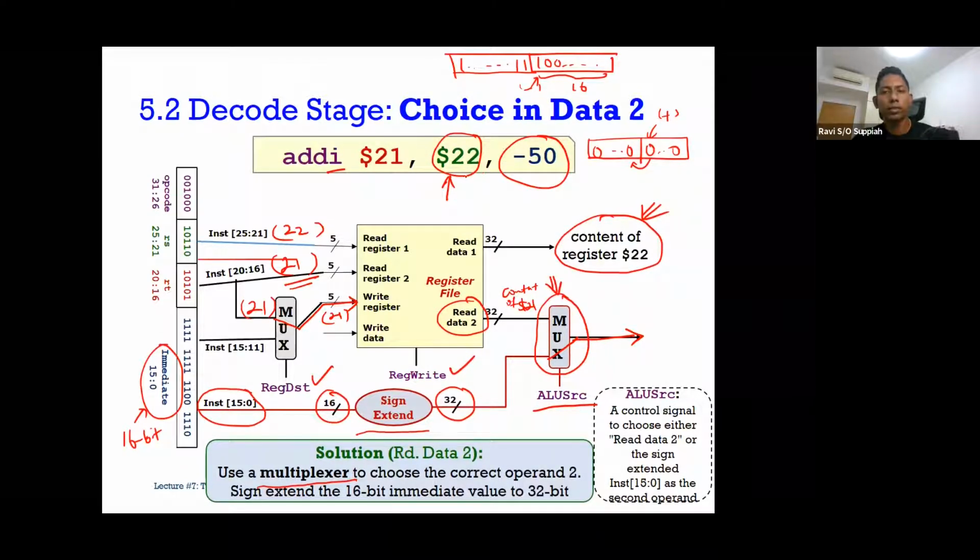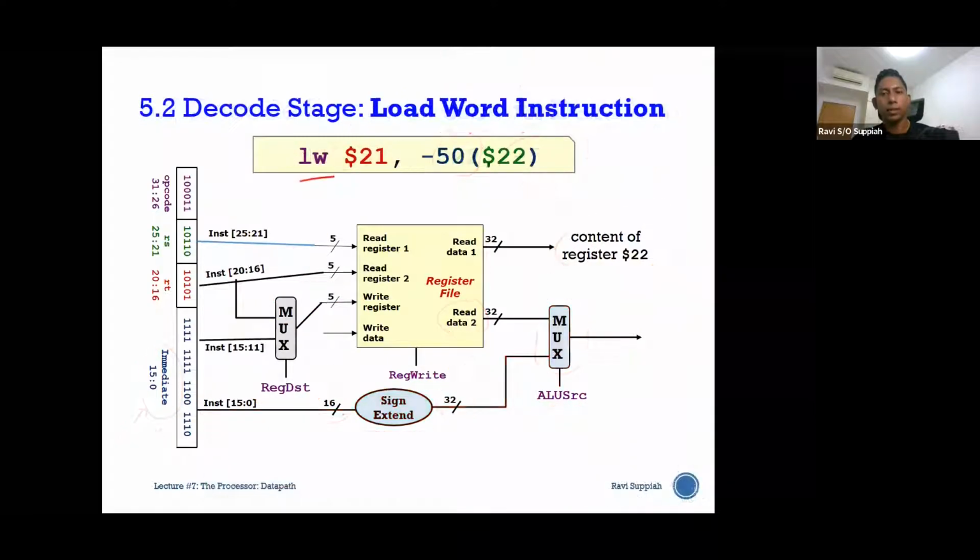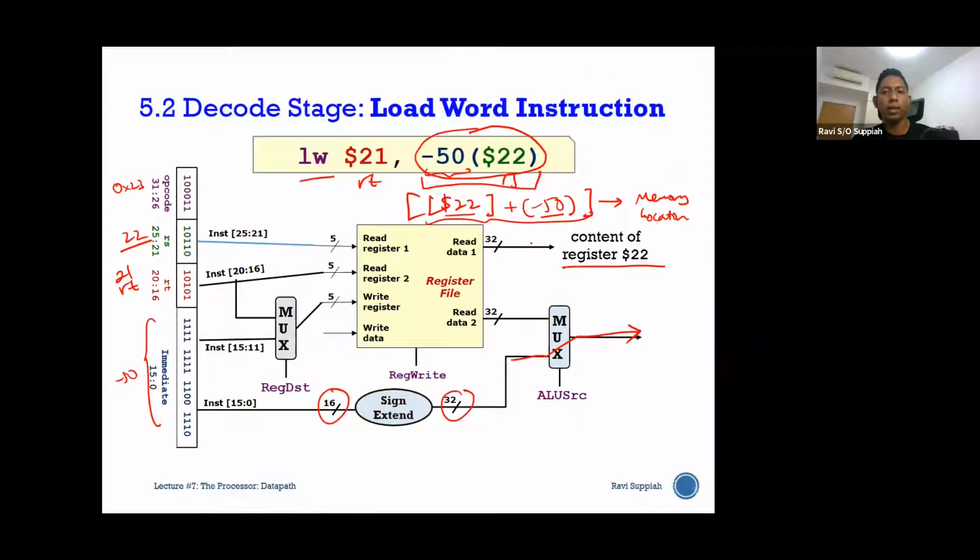The first part of what you're going to do is the same, and the current processor design supports this without any further changes, because 22 is specified in your RS, so the content of register 22 will come out here, and -50 is specified as your immediate value, which will get sign extended and channeled out over here. So the processor design supports this instruction as it is, without any further changes needed.